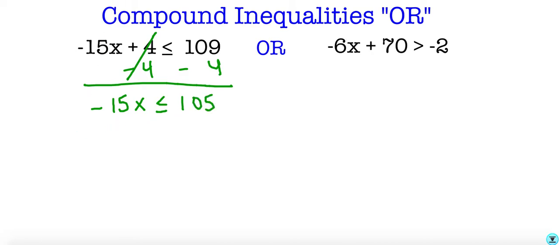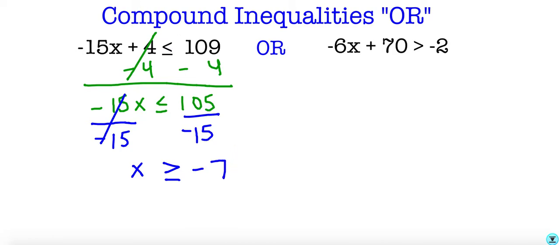And in order to get rid of the -15, we have to divide both sides by -15. -15 divided by -15, that cancels out. Since we're dividing by a negative, our sign does flip. And 105 divided by -15 is -7.